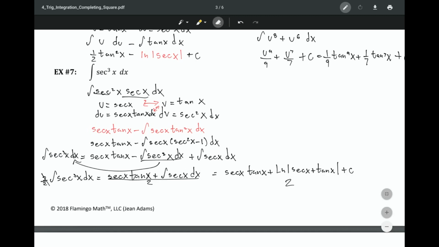I guess technically, and I'm just afraid you might see it like that, they might write it where the c only goes that far because, again, a constant divided by 2 is still a constant.